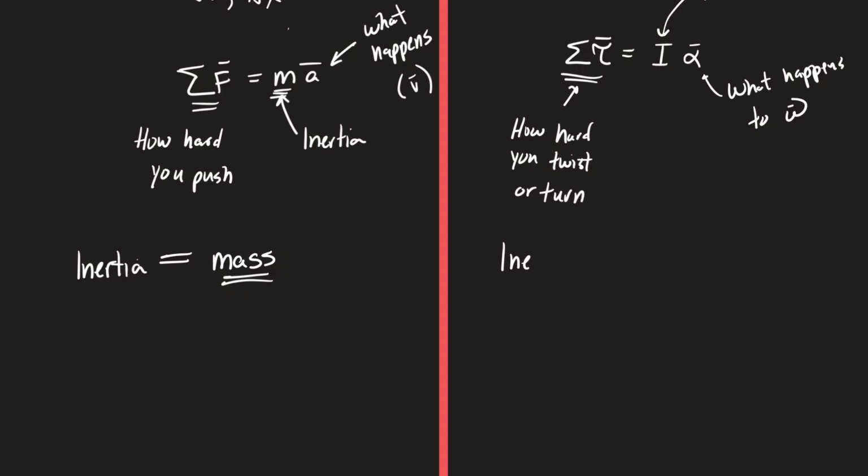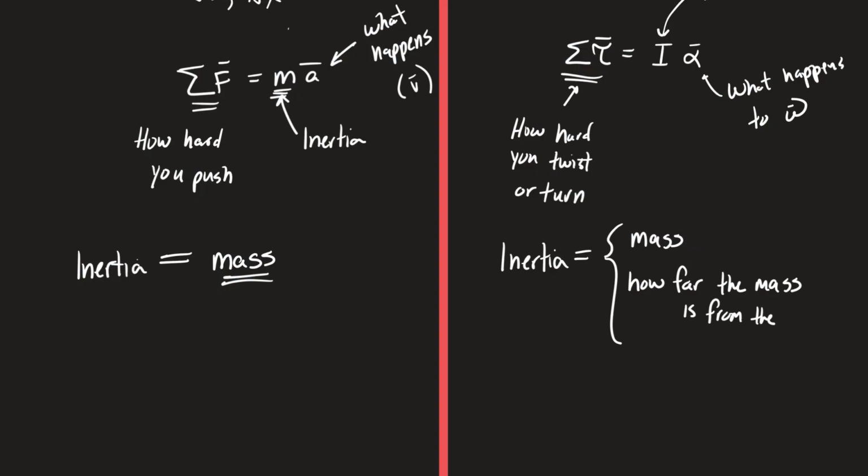For rotational motion, inertia is a bunch of things. Mass is among them. So mass plays a role. But what's more important is how far the mass is from the pivot. That makes a bigger difference than just the mass.